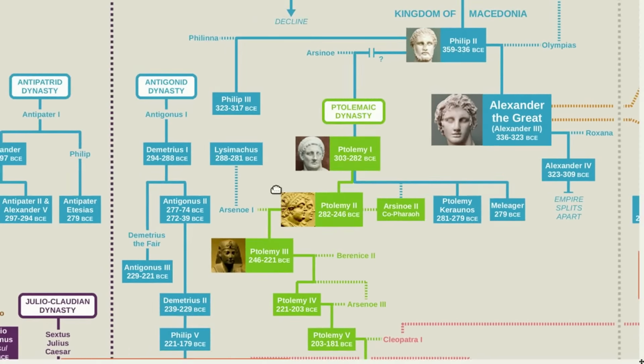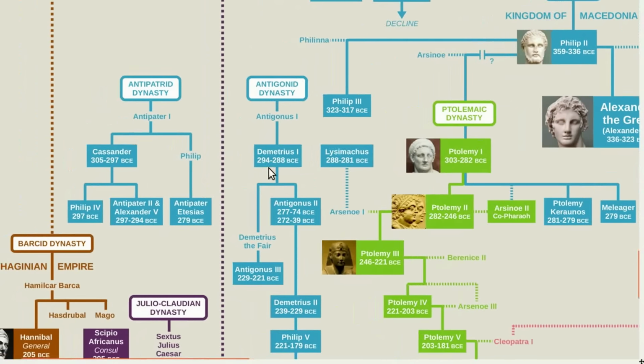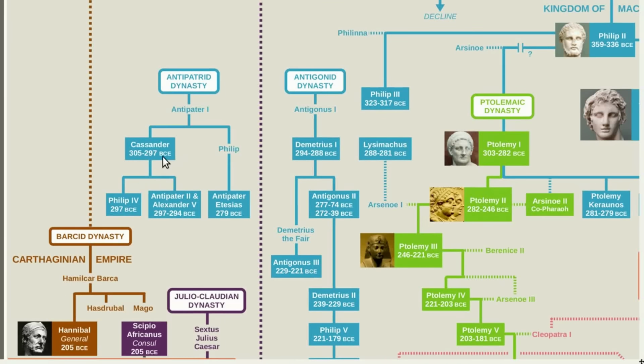Now, let's go back to the kingdoms of Cassander and Lysimachus. The kingdom of Lysimachus quickly fizzled out, and therefore a Lysimachid dynasty never really took root. Cassander's dynasty, which was named after his father Antipater, didn't last long either.